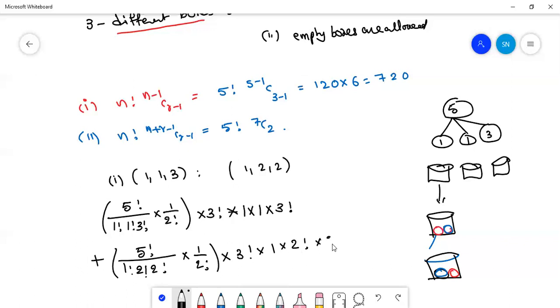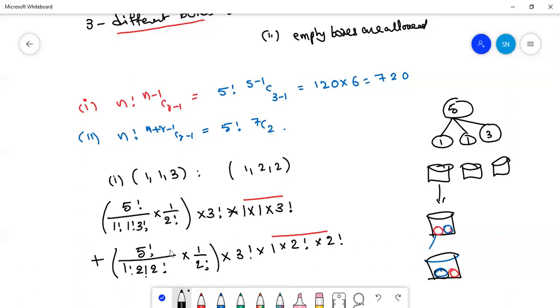The third group also consists of 2 balls, so it can be in 2 factorial ways. So this is the difference. This part is different in this last case: arrangement, whereas the previous one was distribution.